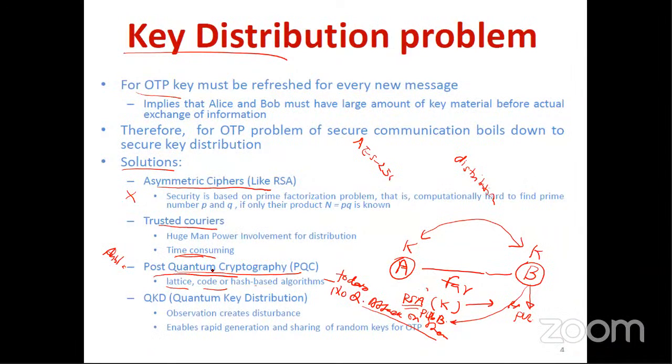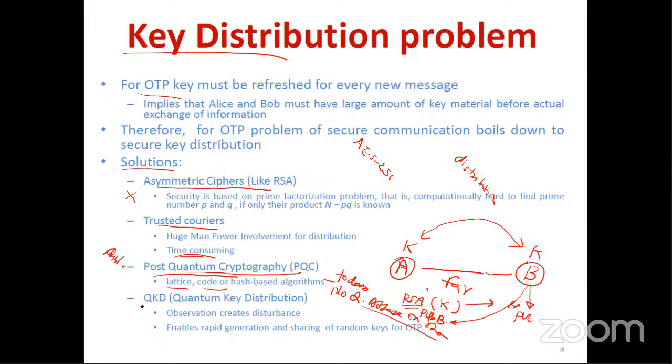But tomorrow, if someone comes up with another algorithm, maybe some new algorithm like Shor's, which solves the problem of integer factorization, someone can come up with another algorithm which can solve these lattice and code-based problems easily on a quantum computer. So the claim here is that today we are secure against this post-quantum cryptography, but tomorrow it may be possible that we come up with a new algorithm.